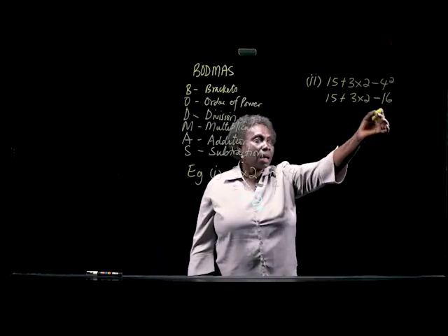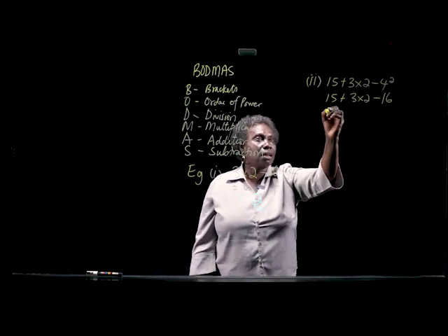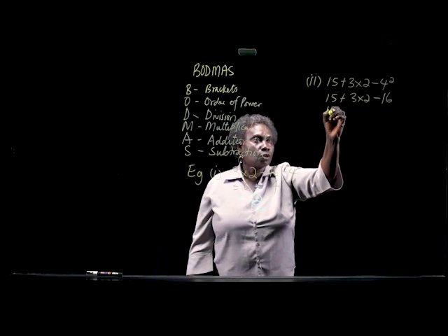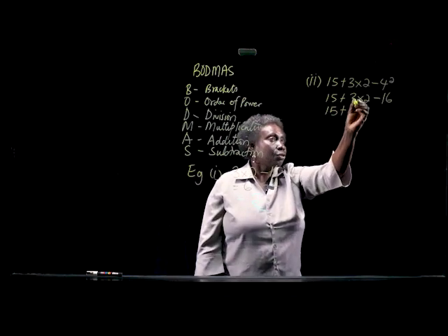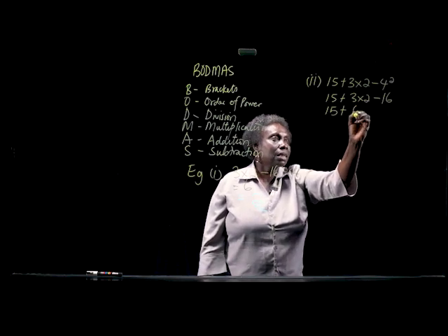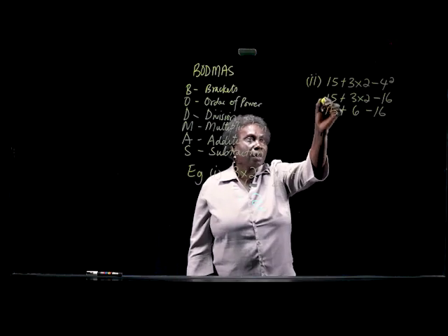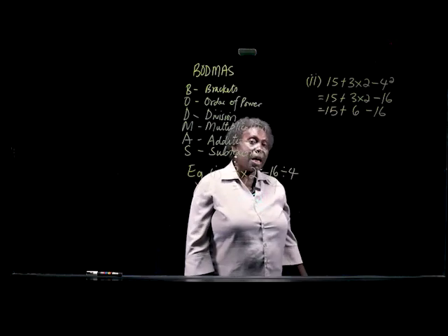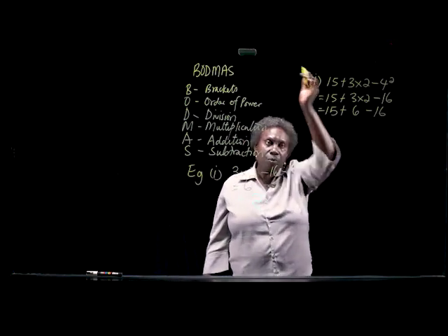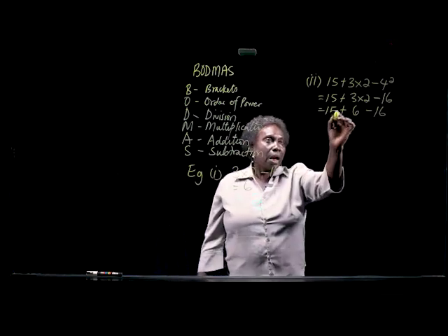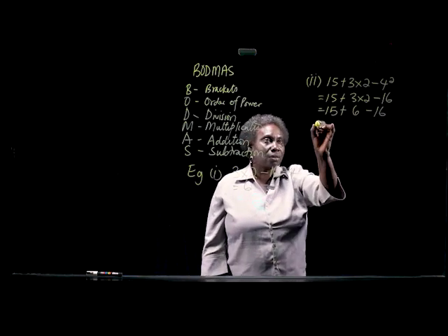Then, we come back to the next one, which is multiplication. So, going back to our BODMAS rule here, we have 15 plus 3 times 2 is 6 minus 16. Now, finally, we are left with addition and subtraction. So, going back to our BODMAS rule, we now add and subtract working from left to right.